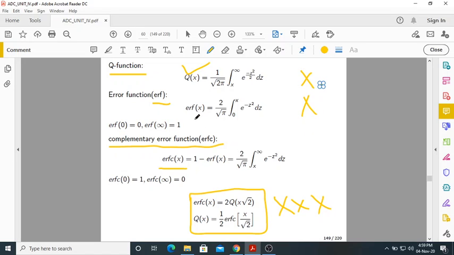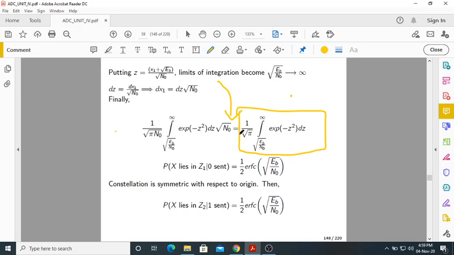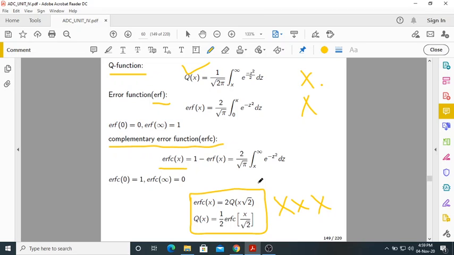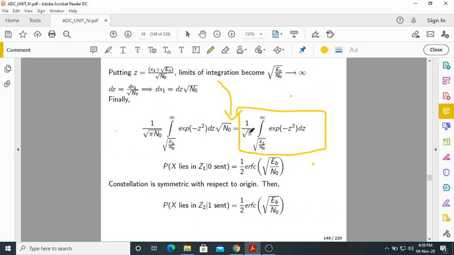Now what is ERFC of x? 2 by root pi integration x to infinity e power minus z square dz. You compare this with this one: 1 by root pi, root eb by n naught to infinity e power minus z square dz. If you do some simple calculations, you get something like that. It is equal to ERFC of root of eb by n naught. You compare with this expression. 2 by root pi, here what is missing? 2 is missing.